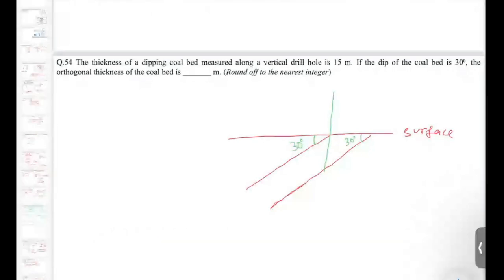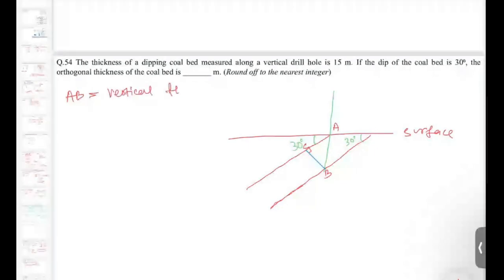This one. Okay, so let me name them. This is A, this is B, this is C. So in the right angle triangle ACB, AB is the vertical thickness.